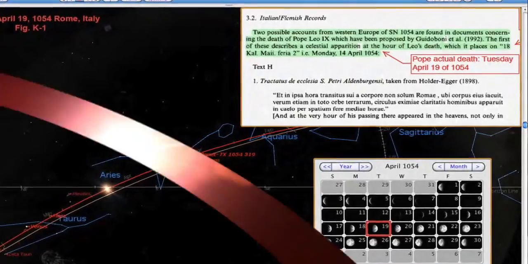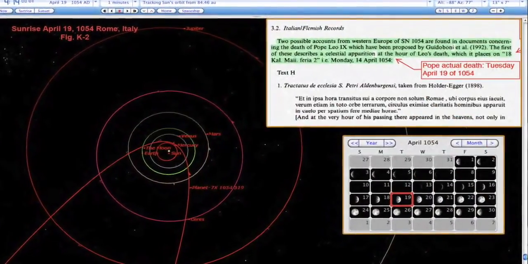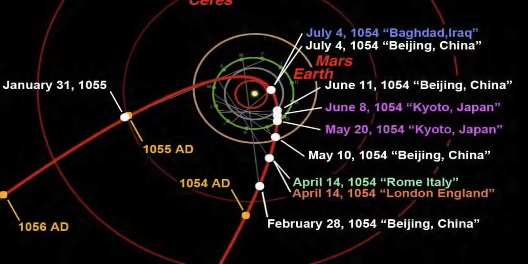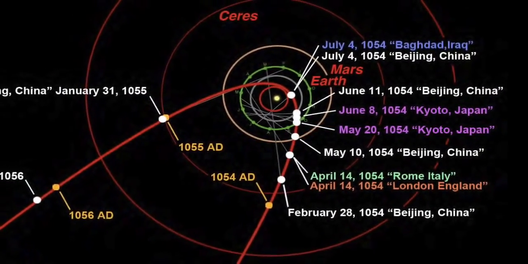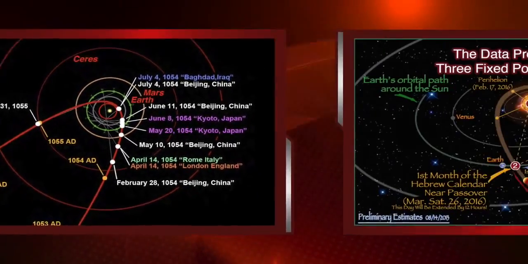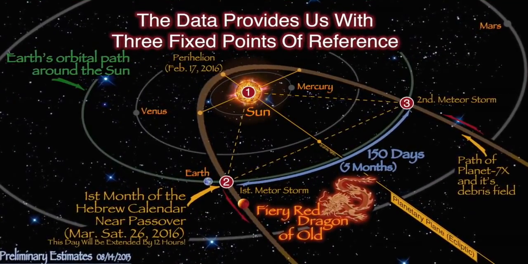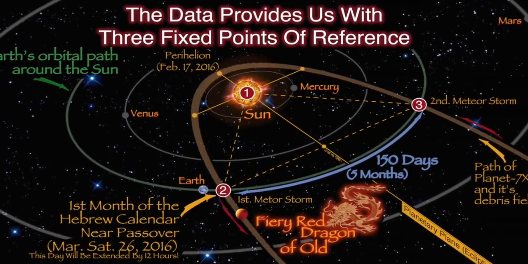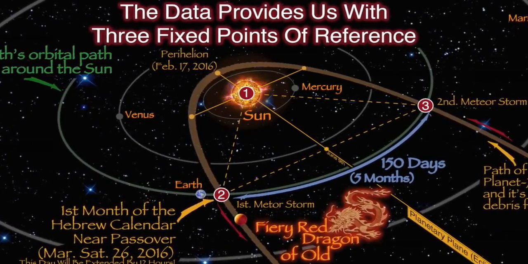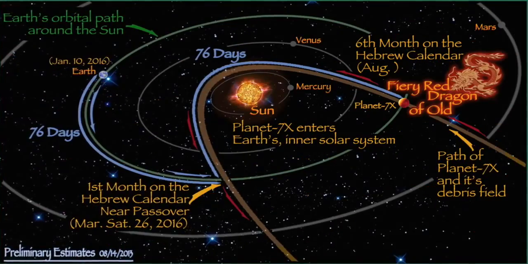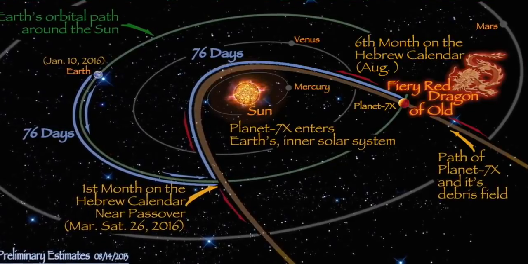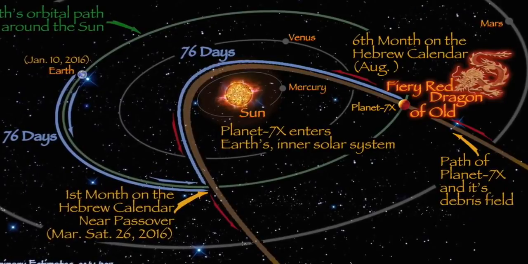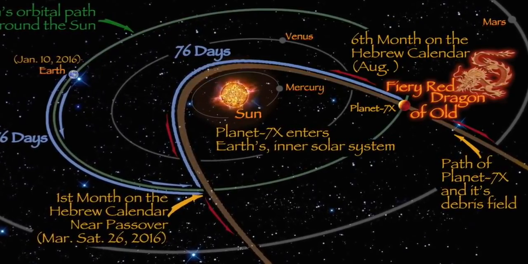And that's equal to the same time frame as in Revelation, where it says from chapter 6 to chapter 7 that they wish for death for 5 months, but death will not come. Well, 5 months is equivalent to 150 days. And this object is plotted coming in at the end of August, going around the sun, and then exiting during the month of Passover.